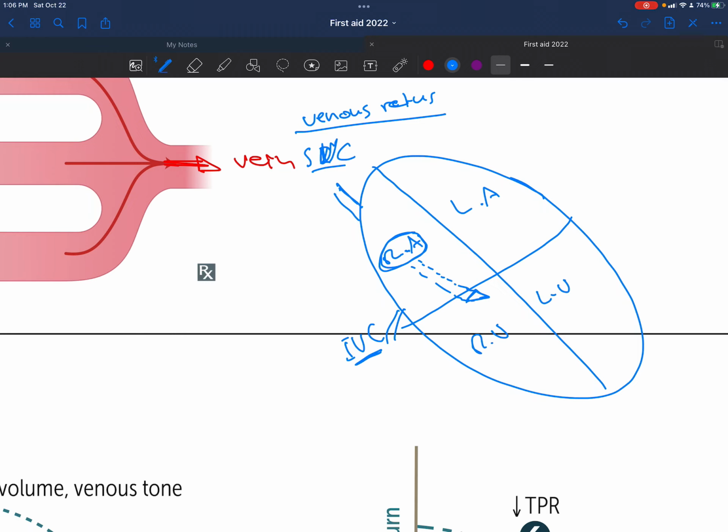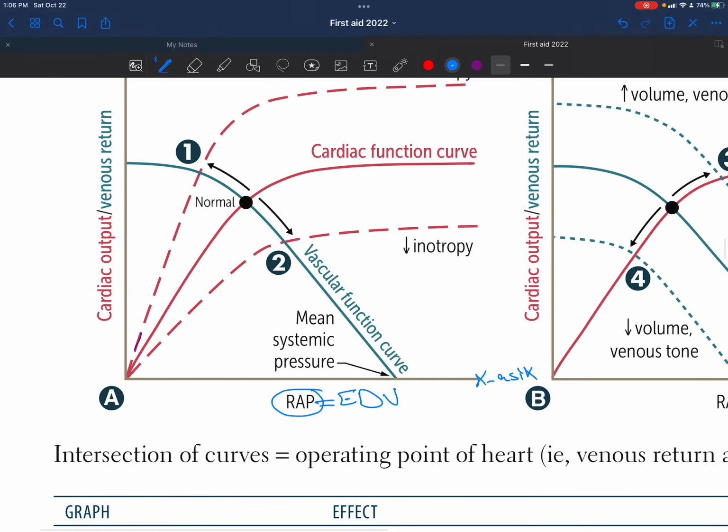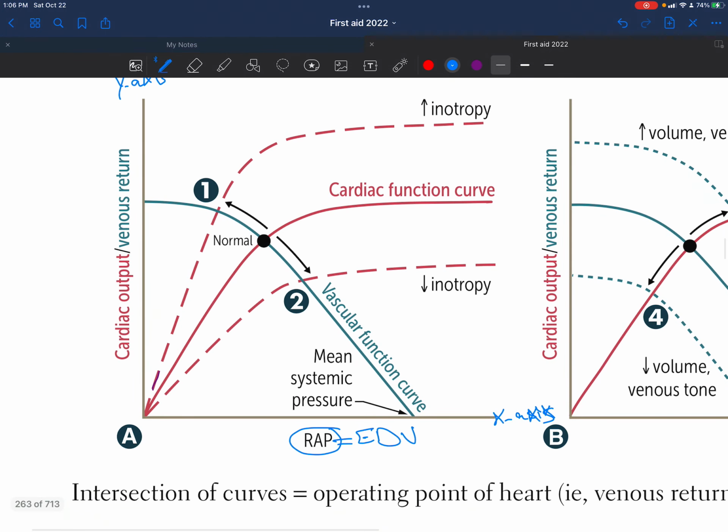It happens during the ventricular diastole. So during the ventricular relaxation, that's why the pressure in the right atrium kind of equals the end diastolic volume. So it's the amount of blood that's there during the atrial diastole or ventricular diastole. So it's the amount that accumulates in that atrium or in that ventricle. So it's the end diastolic volume. So that's for the x-axis, okay?